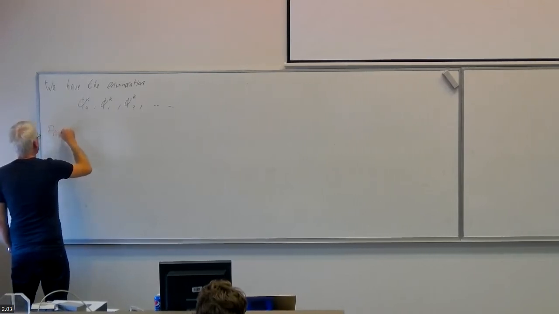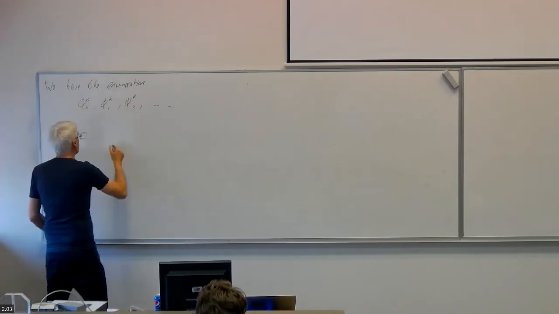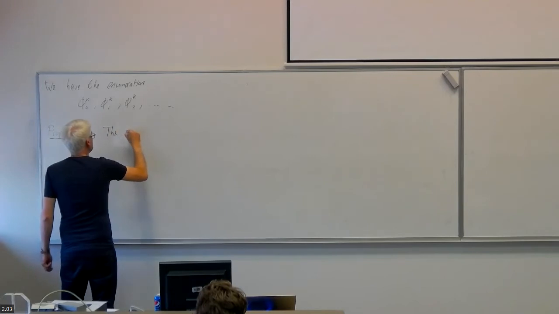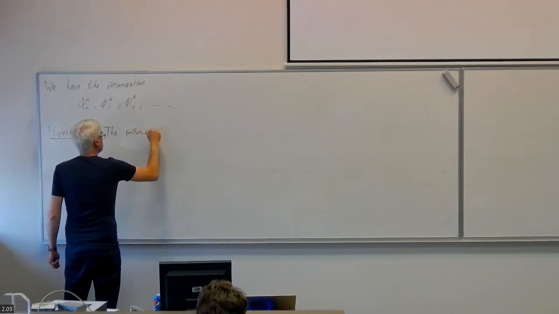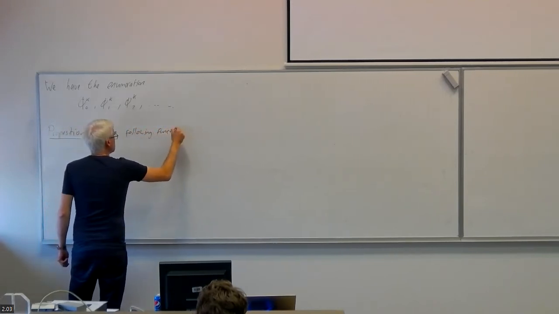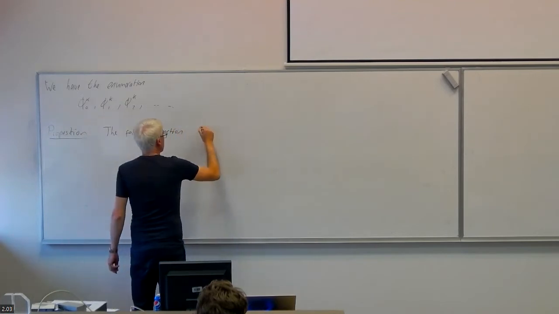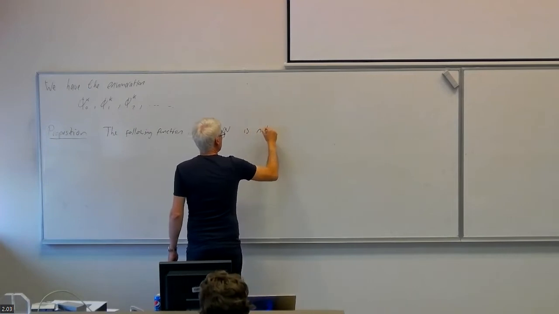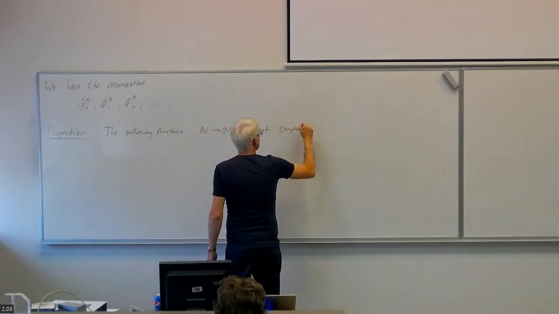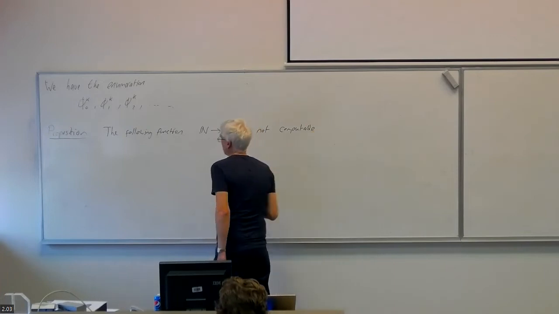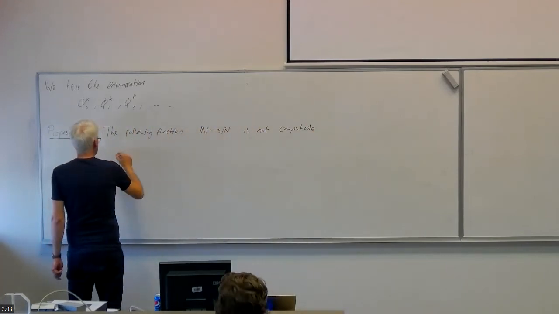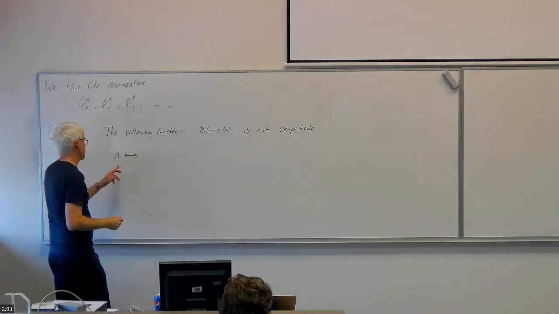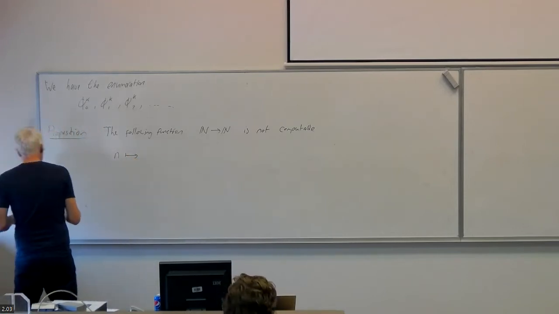So the proposition is the following function, which is a total function of the natural numbers, is not computable. I want to define a total function on the natural numbers.